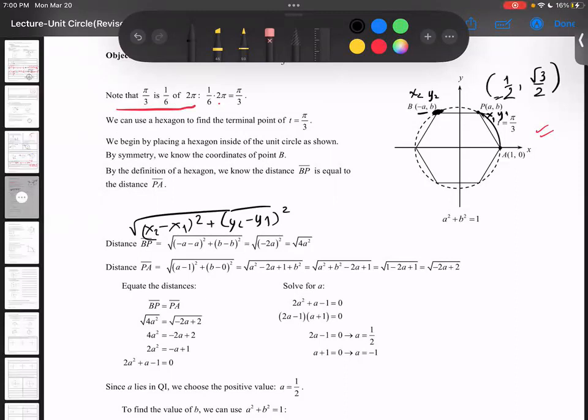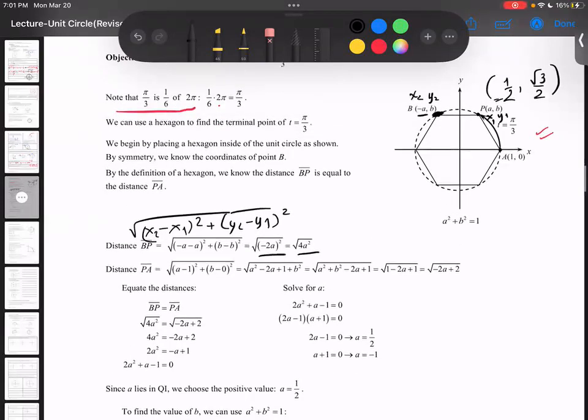So x2 minus x1 is negative a minus a, squared, plus b minus b squared. Well, b minus b is 0, and 0 squared is 0. Negative 2a, all of that squared, is the square root of 4a squared.